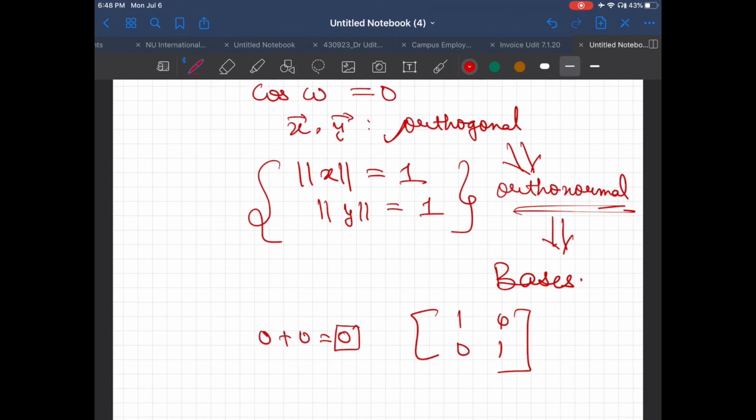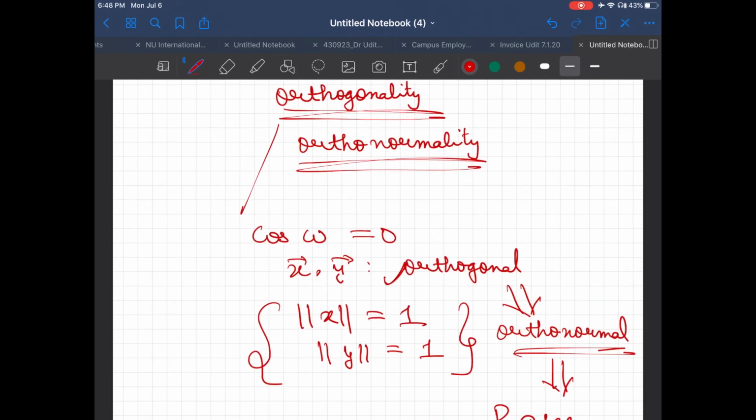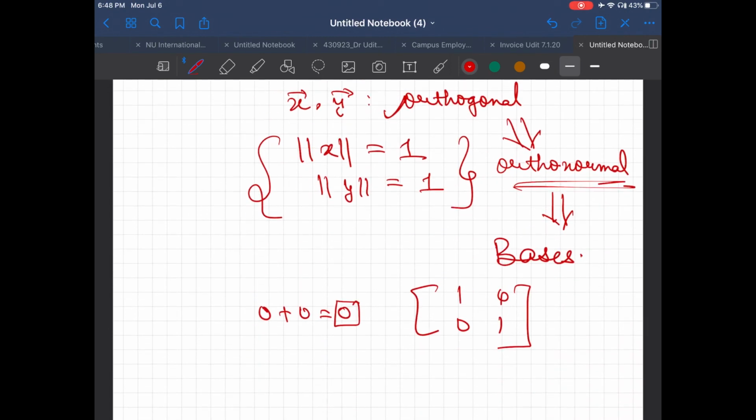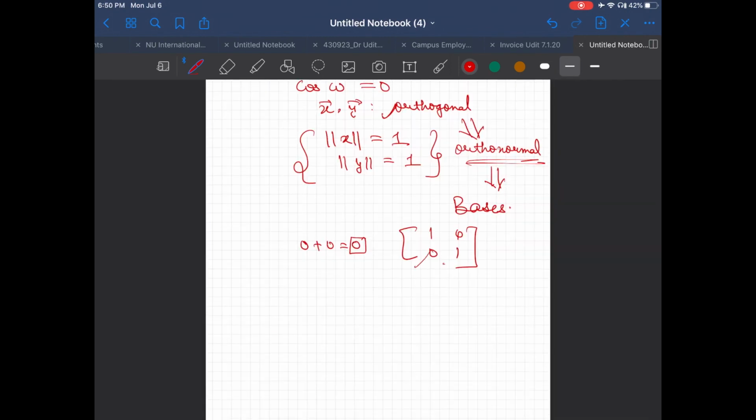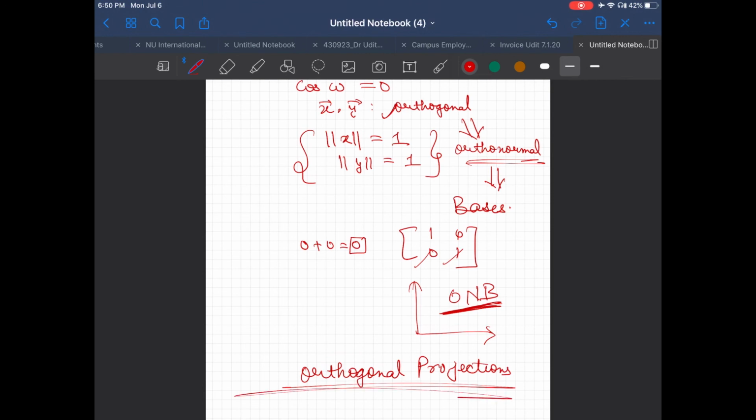Their angle is definitely equal to 90 degrees, because cos of the angle is equal to 0, and hence we say that these two bases, which are typical Cartesian coordinates, classify as orthonormal bases or ONB. Now with this particular background, we are good to go to learn about orthogonal projections, which would be the topic of our next video.